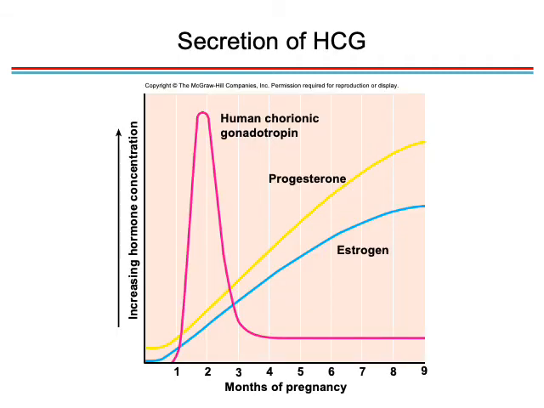Okay, so here's a nice view of the amount of hormone produced, and you see this very fast rise of HCG almost immediately. HCG is also famous for being that chemical that you look for on those $35 pregnancy tests that you can buy from CVS and Rite Aid and other stores.